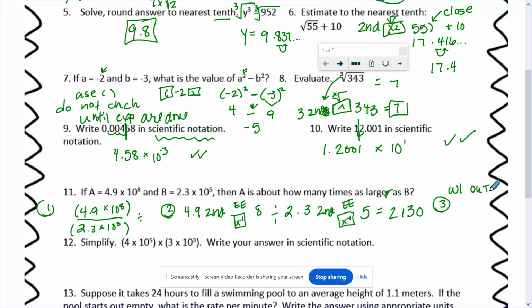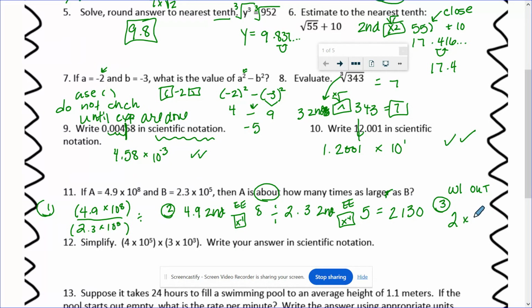But let's say that we were doing this without a calculator. Let's say it was on the no calculator section of the test. So what I would do is when I divide, I'm going to look at these two numbers. 4.9 is about 2 times greater. It's about, so this is just an estimate. After all, it did say is about. So 4.9 is about 2 times the size of 2.3.